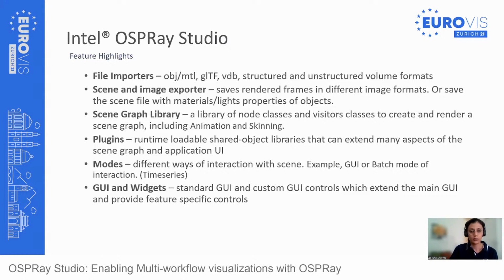Then the most important part of OSPRay Studio is the scene graph library, which is a library of node classes and visitor classes to create the scene graph. And this also includes animation and skinning. Then finally, the extensibility part of the software comes from the plugins, which are runtime loadable shared object libraries that can extend the features of the scene graph or even the OSPRay Studio UI.